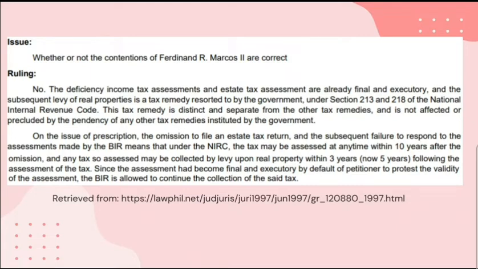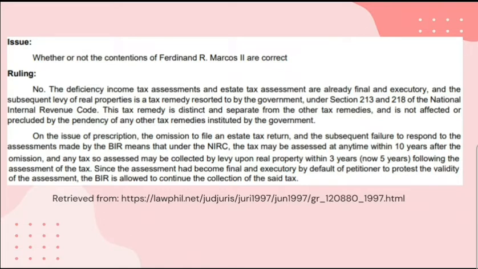The failure to file an estate tax return, as well as the failure to contest or appeal the BIR's assessment, is fatal to the petitioner's case, because under the aforementioned provision, the tax may be assessed at any time within 10 years of the omission, and any tax assessed may be collected by levy on real property within 3 years of the assessment of the tax.